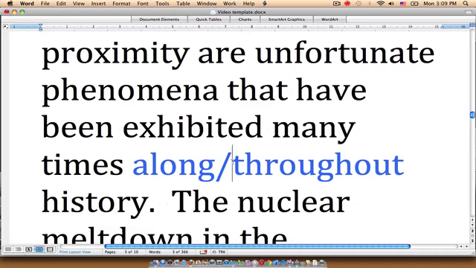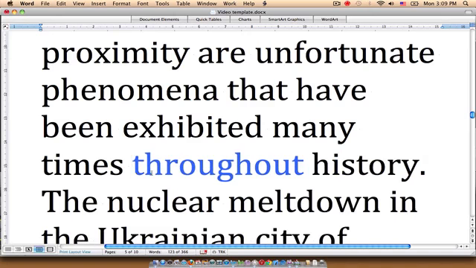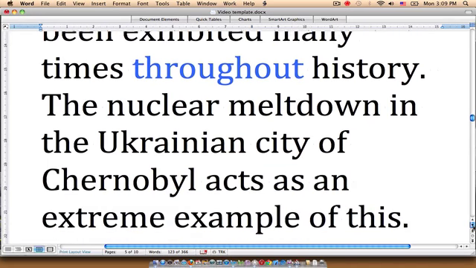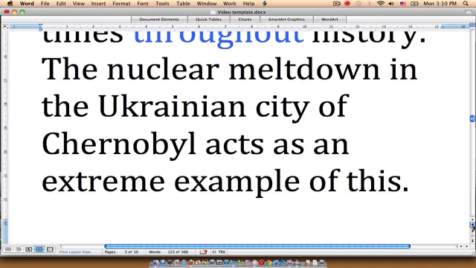Okay, and here our correct answer would be "throughout history." Often the words throughout and history are coupled, so it's something that a native English speaker would say or write more naturally. So that's our topic sentence. Now let's get to our example of this.